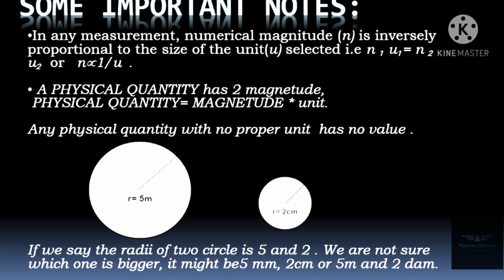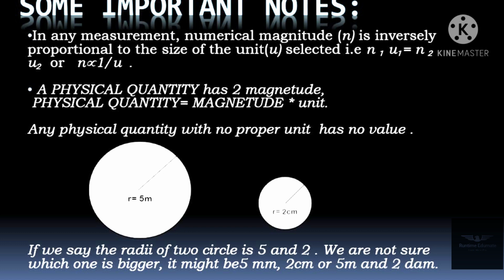Here 1000 is bigger, but meter is a smaller unit. But in 1 km, 1 in terms of numeric value is 1000 times smaller than 1000, but here 1000 meter is equal to 1 km. Though the value of 1 is smaller than 1000, the unit is in the upper limit. So we can say that numerical magnitude is inversely proportional to the size of the unit.